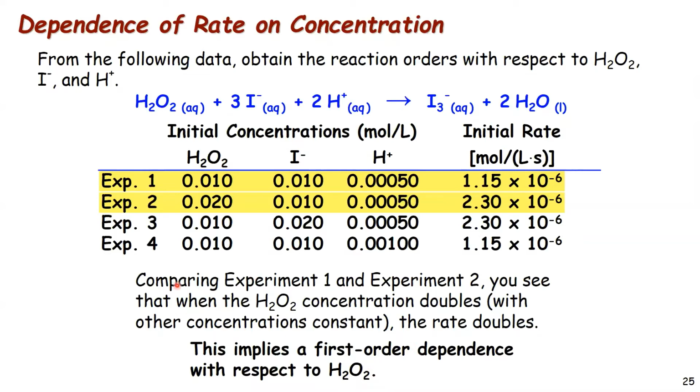Okay, now let's say I want to look at the iodide. What 2 experiments am I going to need to look at for the iodide? I think 1 and 3. 1 and 3, everybody agree? Is there any others that you could possibly use?